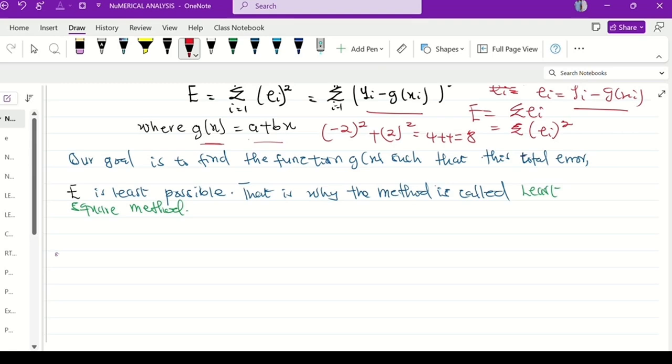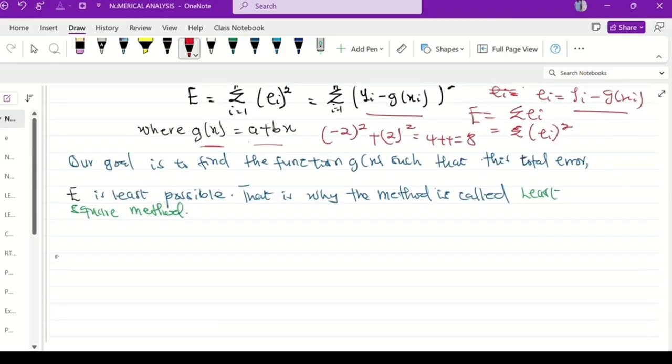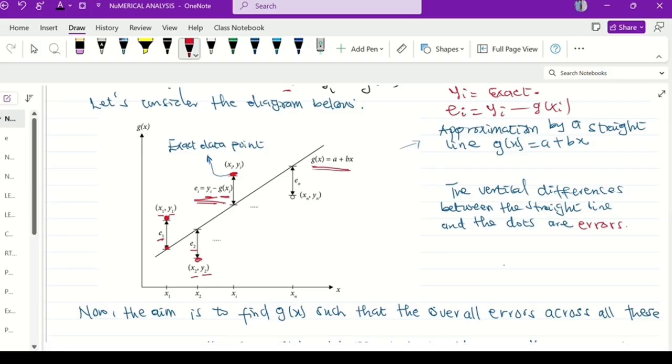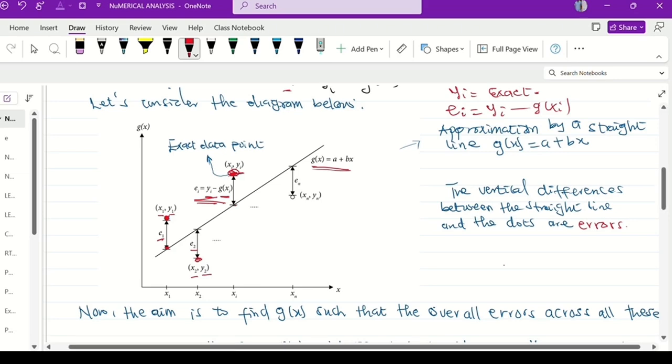So we want to find a function g of x such that the total error is as small as possible, as we said when we were using the graph here. So we want to find g of x so that the vertical distance between the actual data point and the straight line is as small as possible.